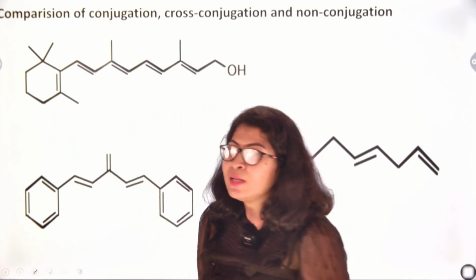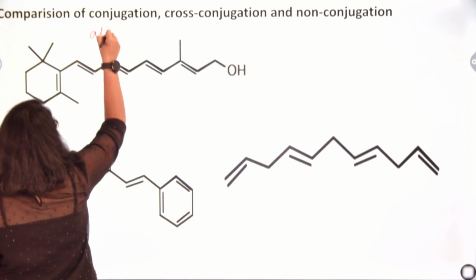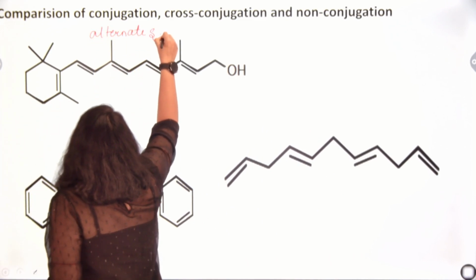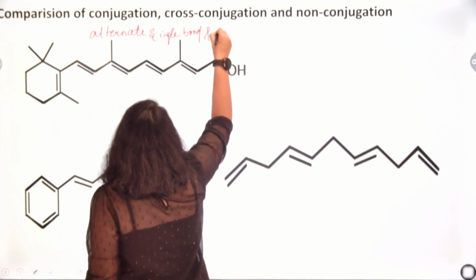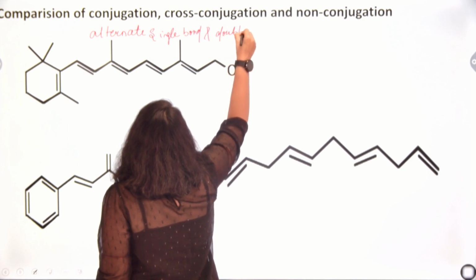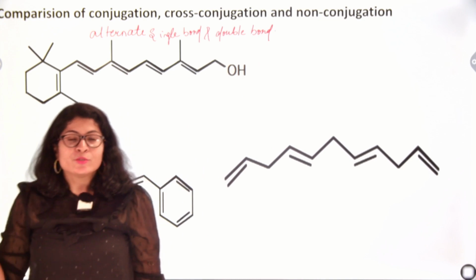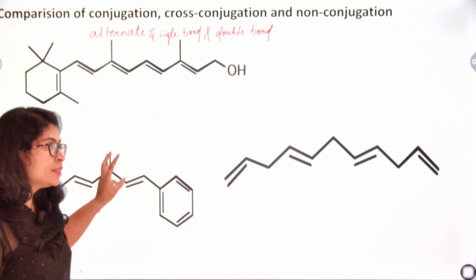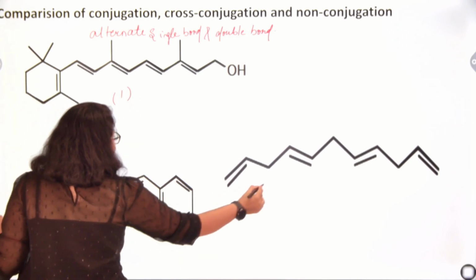So basically conjugation means alternate single bond and double bond. That means there has to be alternate single bond and double bond. I have three structures in front of you, 1, 2, 3.